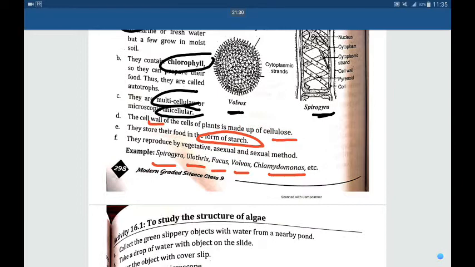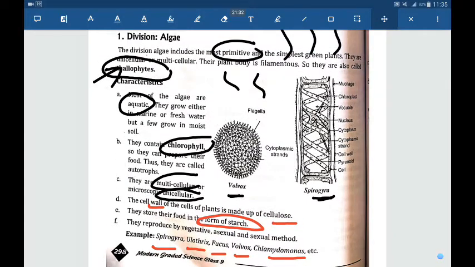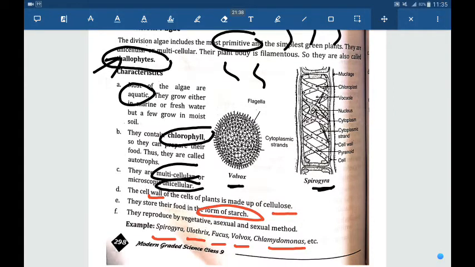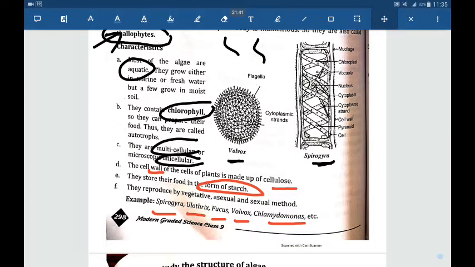Students, let's remember some algae characteristics. They are aquatic. They may be unicellular or multicellular. The cell wall is made up of cellulose. They store food in the form of starch.